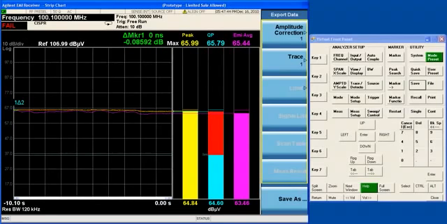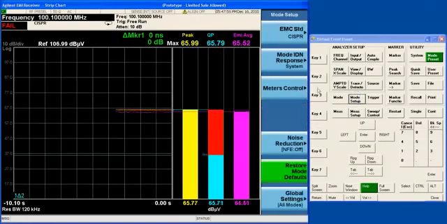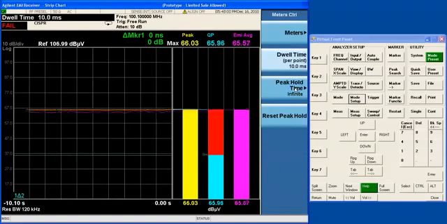Now, I should say something about the dwell time control because we have been asked questions about this. So let's restart our measurement and let's take a look at the meter controls. There are those who have asked, hey, if I'm making measurements like with the quasi-peak detector, don't I want a resolution dwell time of more like a second or so?